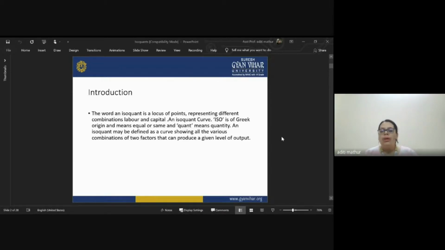An isoquant may be defined as a curve showing all the various combinations of two factors that can be used to produce a given level of output.